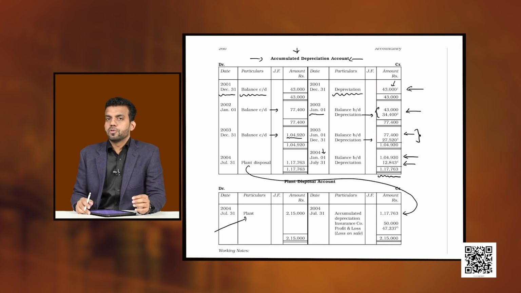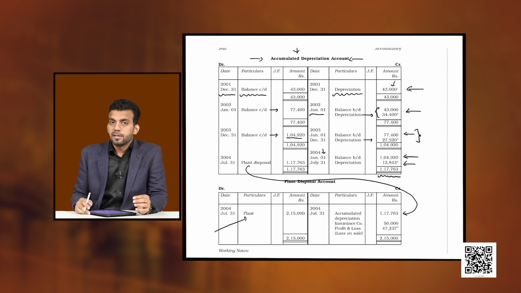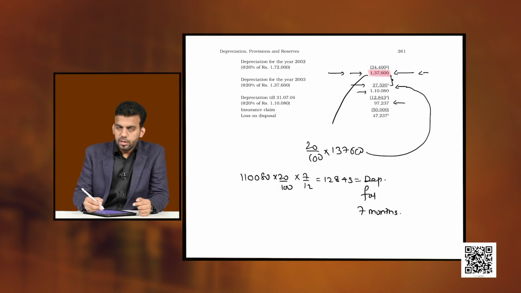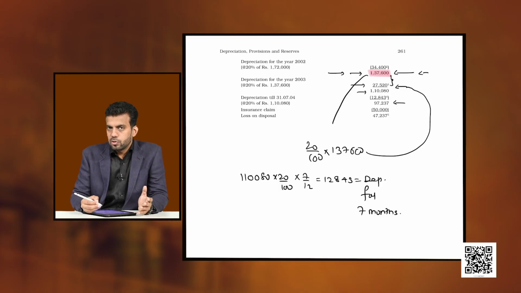to the asset disposal account to bring that disposed machine to the right value. Okay, students? So, when this 215,000 is reduced to 97,237, what is this 97,237?